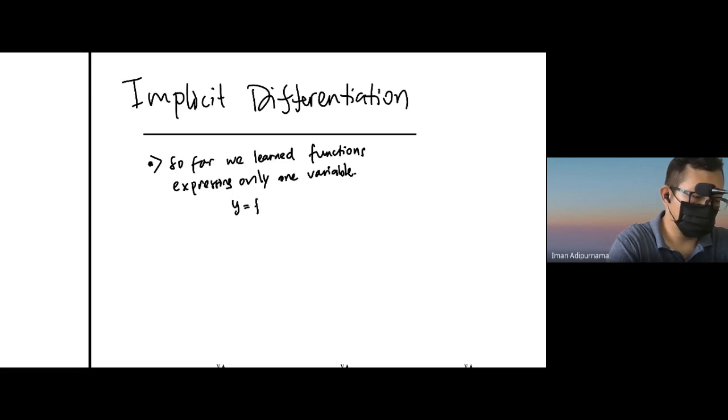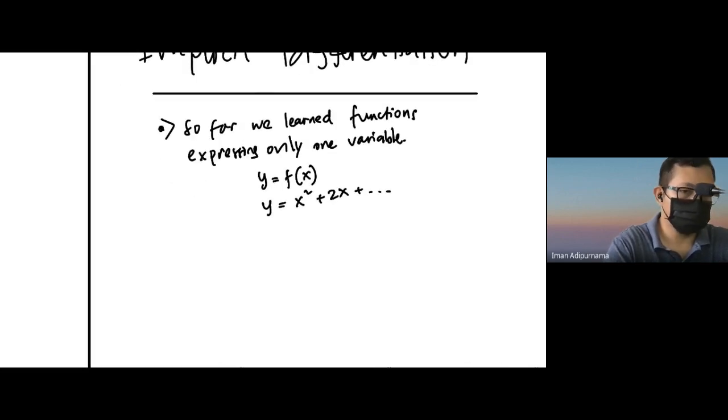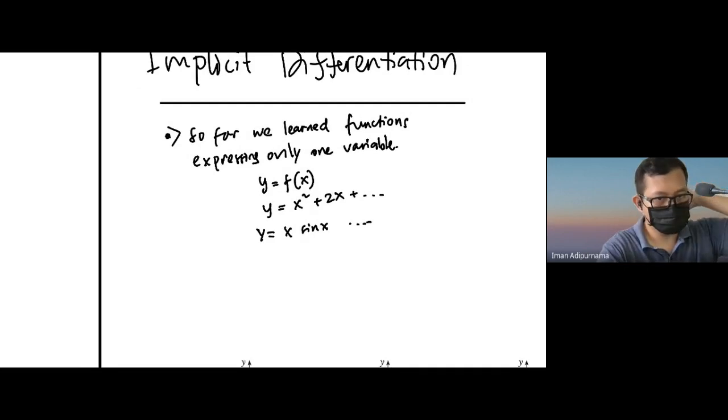For example, y equals f of x, and inside this y is having x squared plus 2x plus and so on, maybe sine x, and so on, right? That's what we have learned.